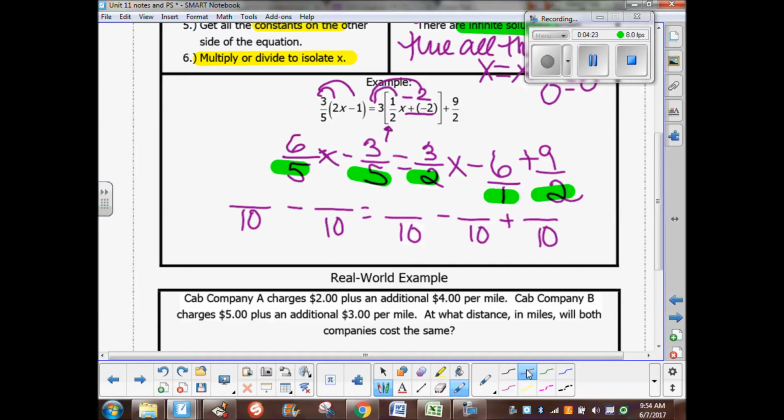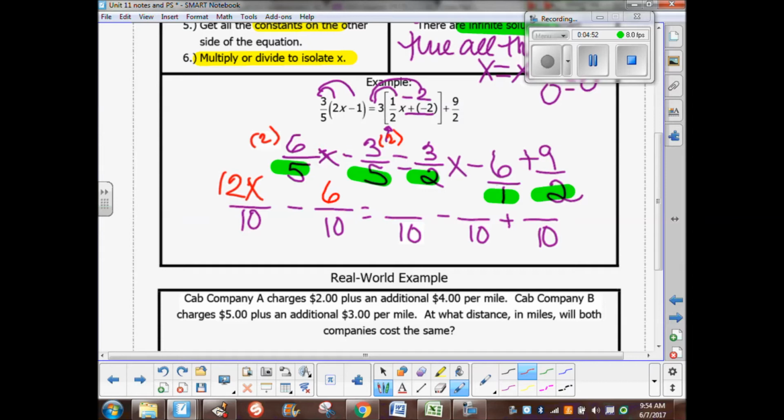And then we have to think, if we made that 5 a 10, we multiplied by what? 2. So that numerator is going to become 12x, because that x is there. I can put the x in the numerator, or I can put it out to the side. It doesn't matter. I have to do the same thing with the second fraction, so it becomes 6.